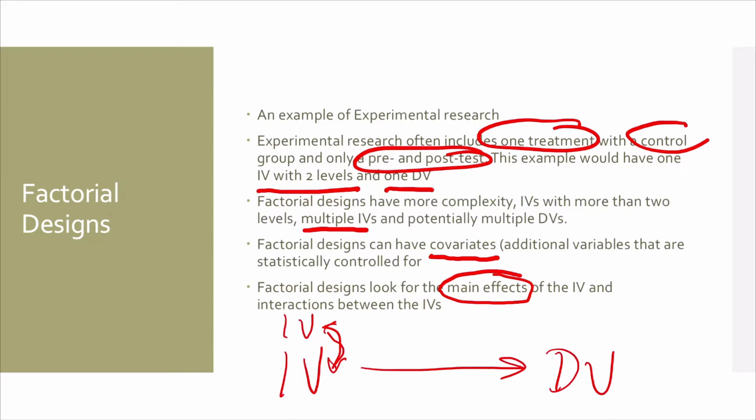We see this interactive type effect in medications. Some medications interact with one another and can enhance the effect of one medication or depress the effect of one medication. So interactive effects are where one treatment may also enhance the effect of another treatment. So again, we'll look at that aspect as we move forward as well.